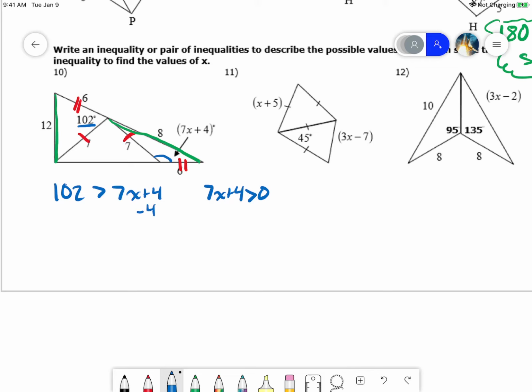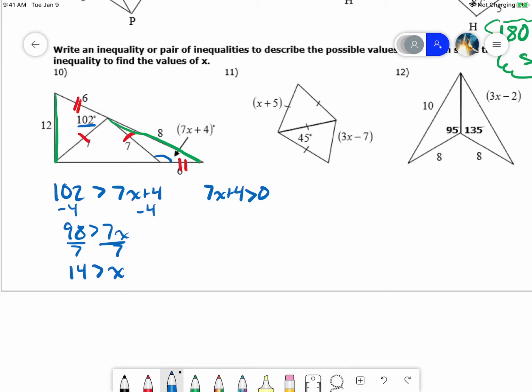I subtract 4 on both sides and get 98 is greater than 7x. Divide by 7, and x is 14. So 14 is greater than x, which means x can't possibly be greater than 14.